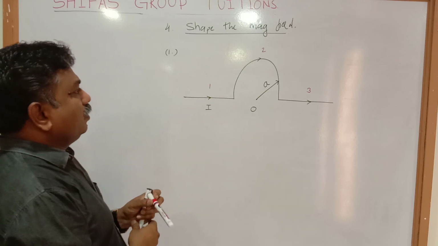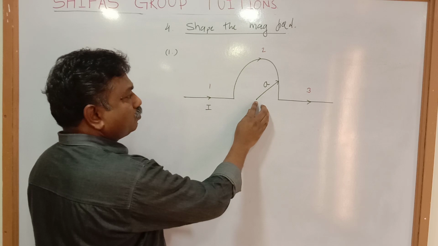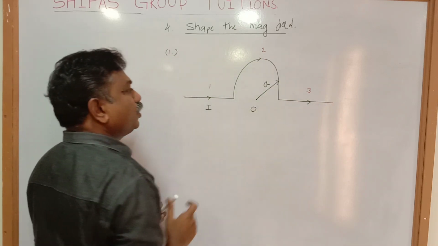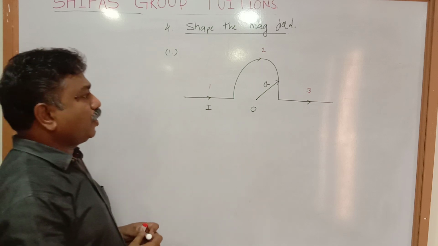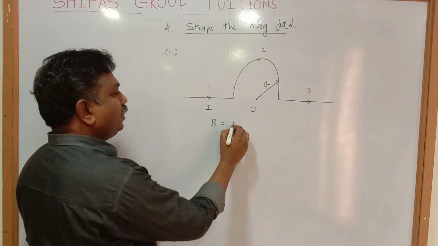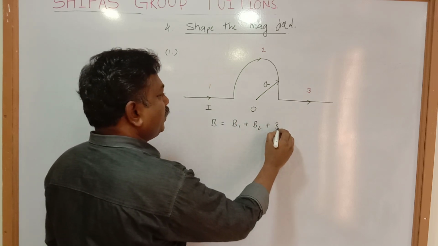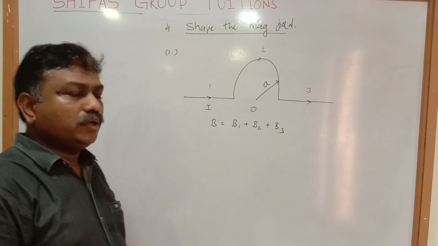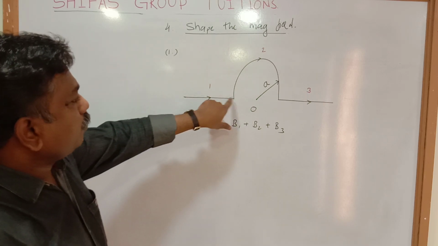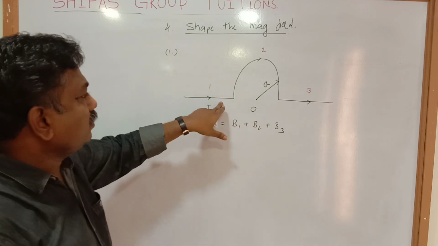Then this part produces a magnetic field at point O, the semicircular part produces a magnetic field at O, and the third part also produces a magnetic field at O. So the total magnetic field is B1 plus B2 plus B3. But dear student, remember, for the straight part the point O is on the wire.